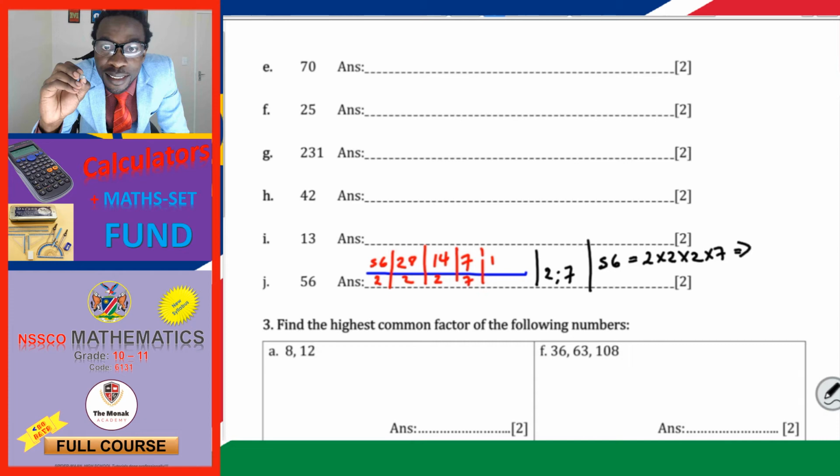And if you don't want to repeat writing 2 and 2 and 2, you can say there are 3 of them, and there's only 1 seven. And then that should be it. Expressing a number as a product of its prime factors. Is that clear?